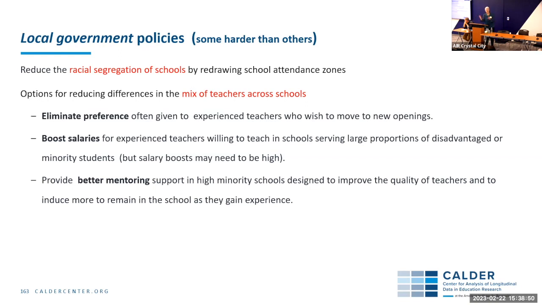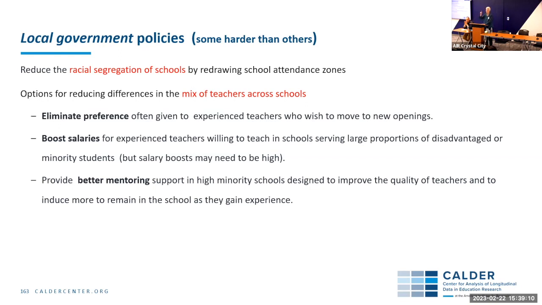We've looked at the articles, and I want to highlight this because it comes back to some of the discussions about induction policies and support for the teachers who are already in the schools, rather than paying the much higher salaries that you might need to induce teachers to move to those schools.